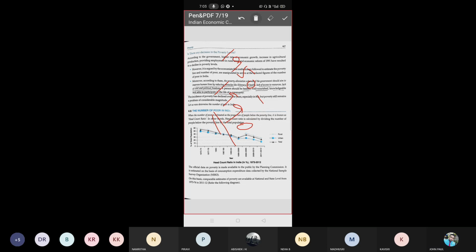However, economists argue that the methodology followed to estimate the poverty line and the number of poor is manipulated to arrive at a reduced figure. The poverty falls. What happened?